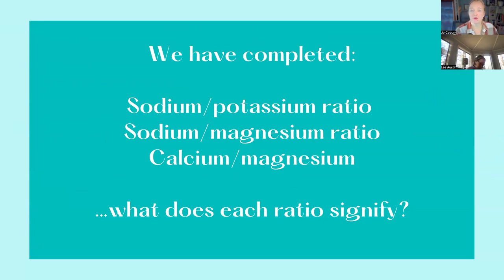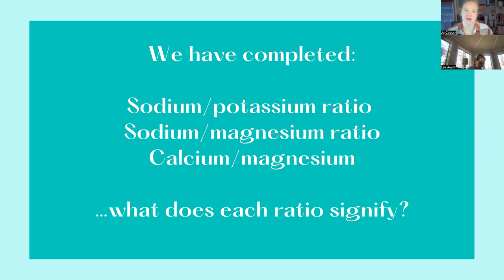So we've completed sodium potassium, sodium magnesium, and calcium magnesium. Do you remember what each one signifies? Just make sure as we're going through here, you keep top of mind: sodium potassium is the sodium potassium pump, which is the super important one.